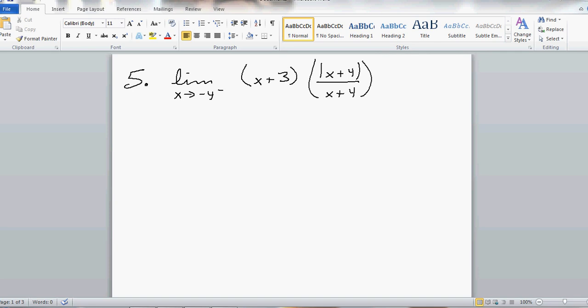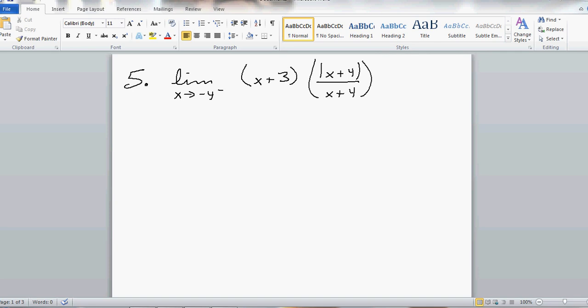So then the question becomes this: how can we rewrite this without the absolute value bars and still make the fact that we're coming from the negative side of -4 work? Well, if we put in -5, -5 plus 4 is -1. That doesn't work. We need the positive one. So how can we do that?